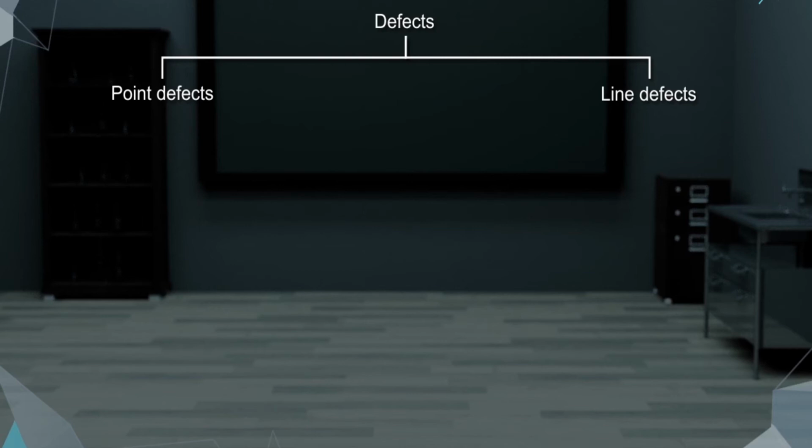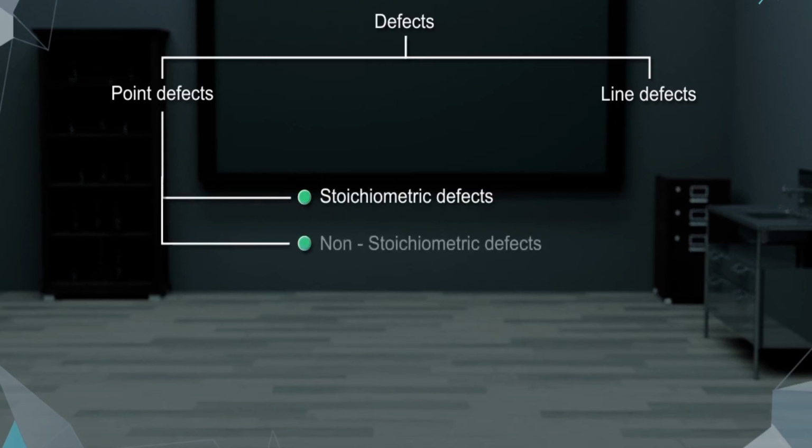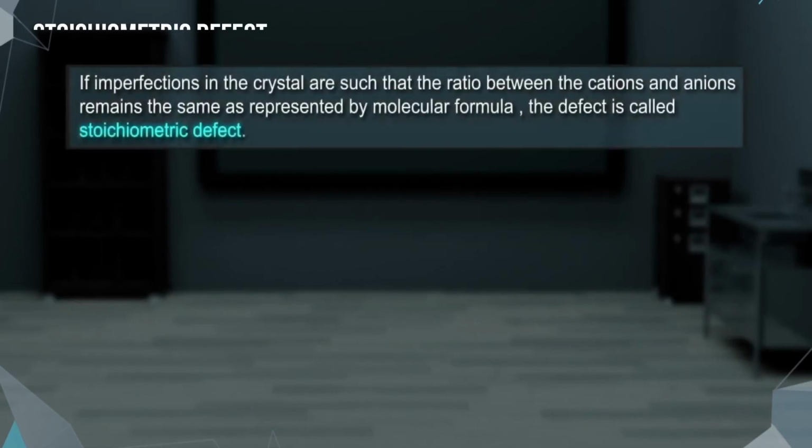The point defect is further classified into three types. Number one, stoichiometric defect. Number two, non-stoichiometric defect. Number three, impurity defect. Now let's start with stoichiometric defect.